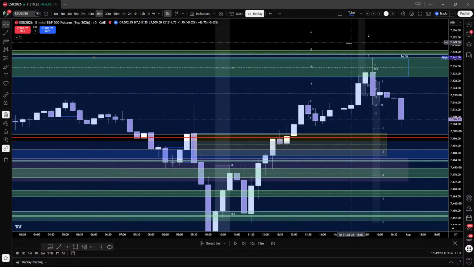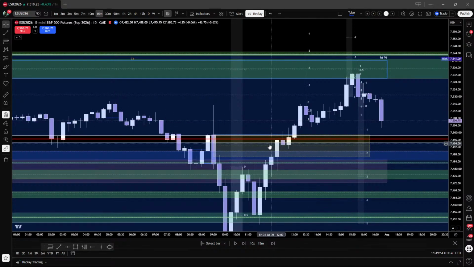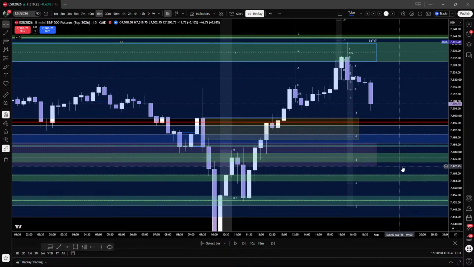I didn't say I'm pretty sure it's going to go up there, but it seemed pretty likely. It was just a potential, but they could go even a little bit above.